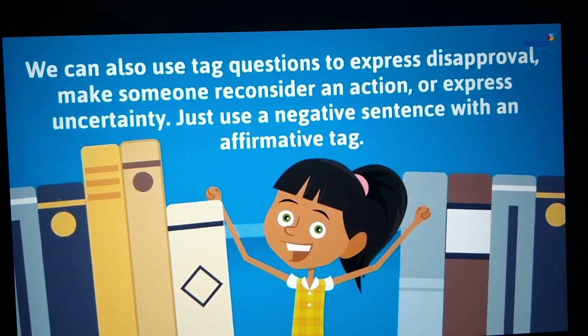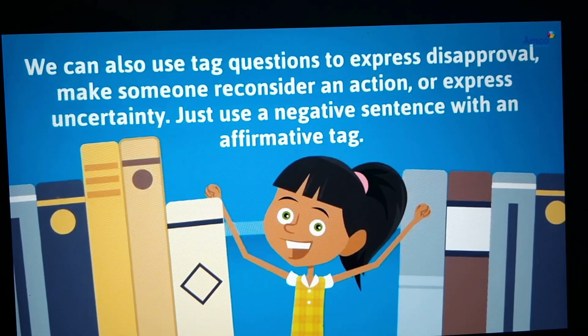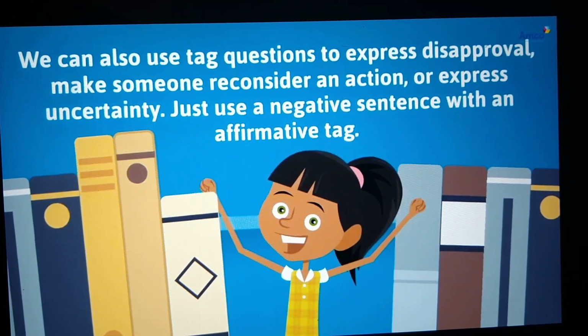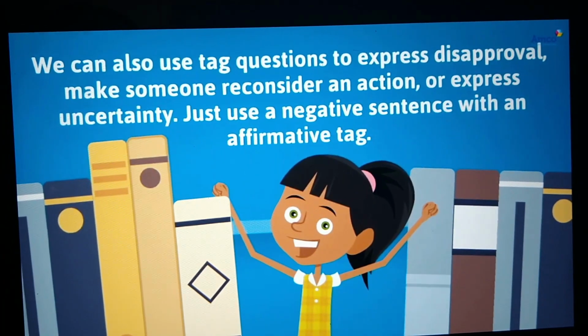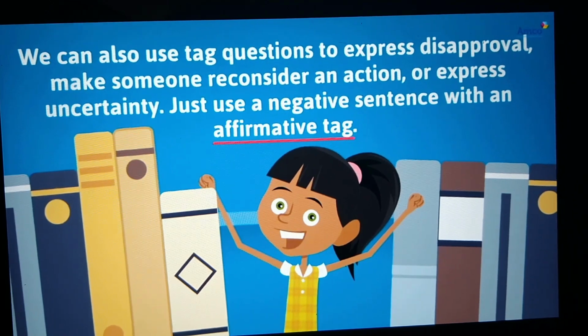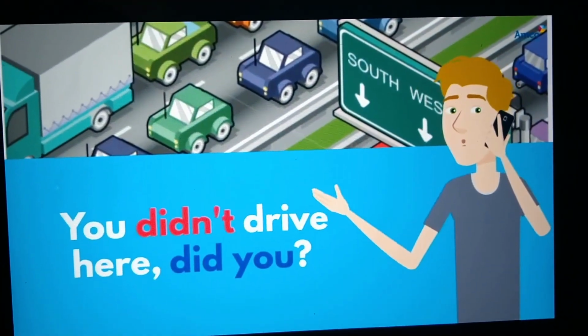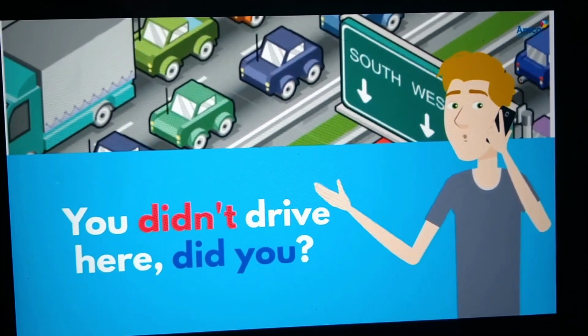We can also use tag questions to express disapproval, make someone reconsider an action, or express uncertainty. Just use a negative sentence with an affirmative tag. You didn't drive here, did you?